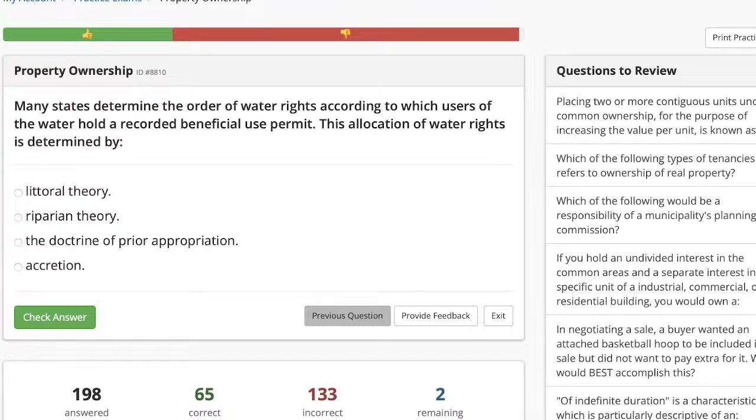It's a reoccurring time period. Okay? Estate at will means what? Estate at will means it can end at any time.